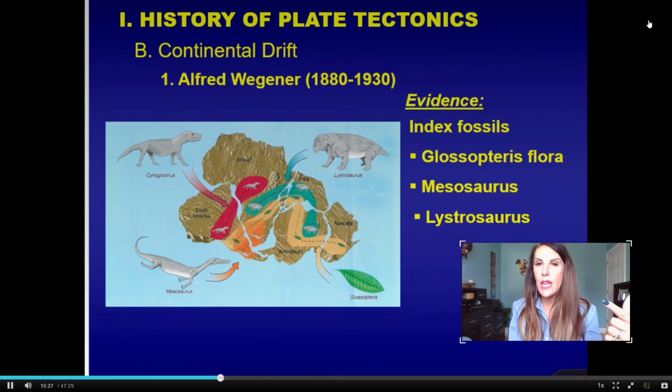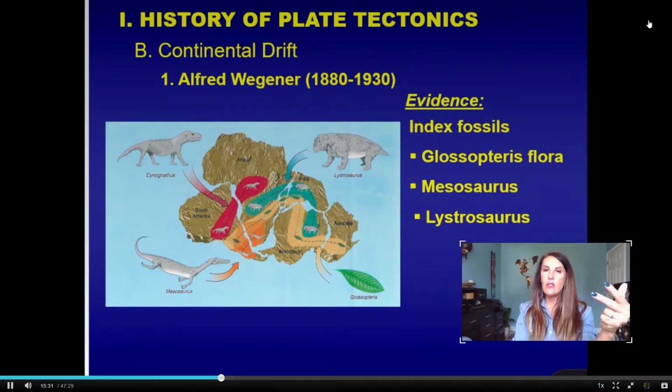It is unique and easily identifiable, and it lives between a constrained period of time. So it's geographically widespread, it is easily and uniquely identified, and it lives during a short geologic time period. So that's considered to be an index fossil.